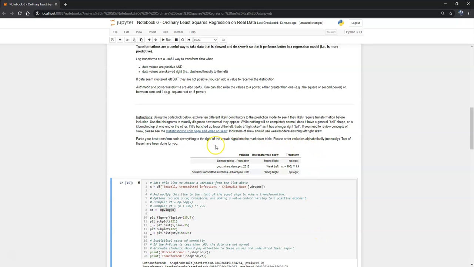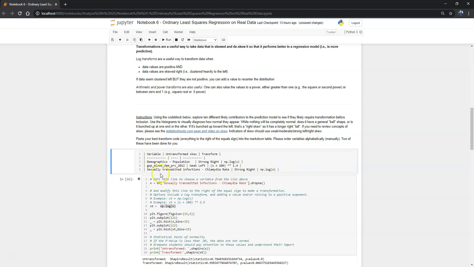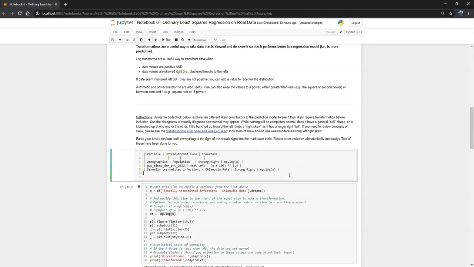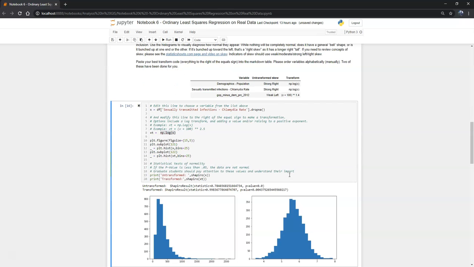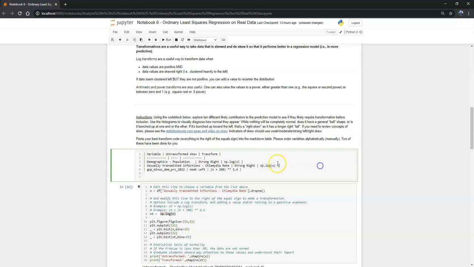I would like these things sorted alphabetically. In this case, this is already sorted D, G, S. But if you need to move something around, you can just copy and paste things. You are going to need to do it manually, but it shouldn't be too hard with just 10 of these.